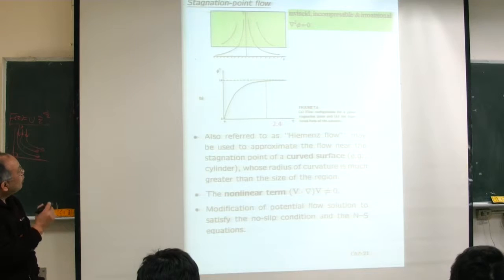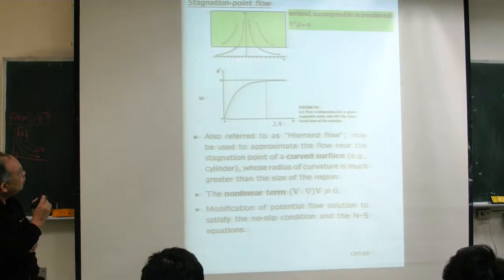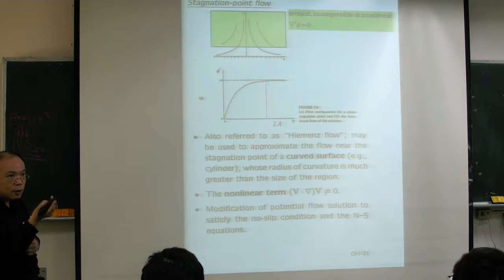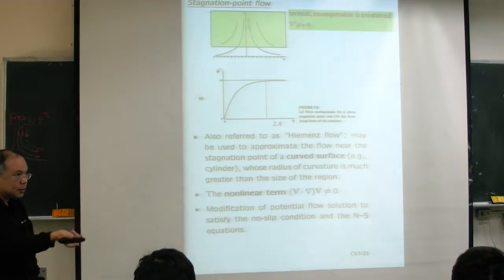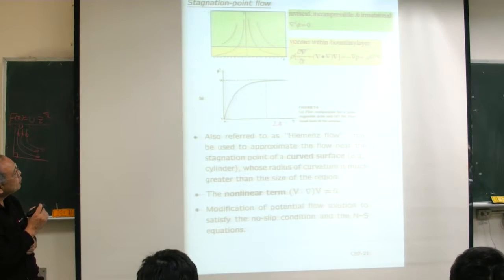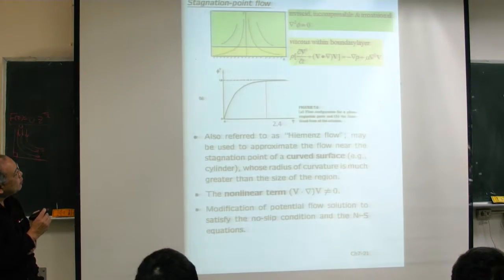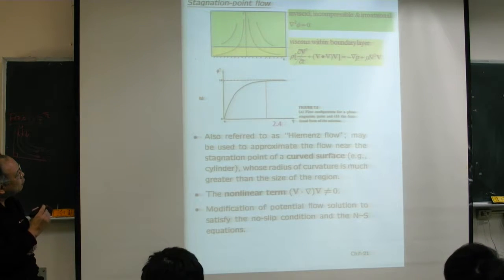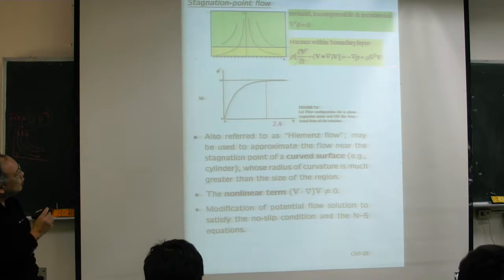But near the boundary layer region or near the wall region, because of the wall there is a viscous effect, and the viscous effect starts to dominate. So near the wall we have viscous flow within the boundary layer, and that is governed by our Navier-Stokes equation with constant viscosity.